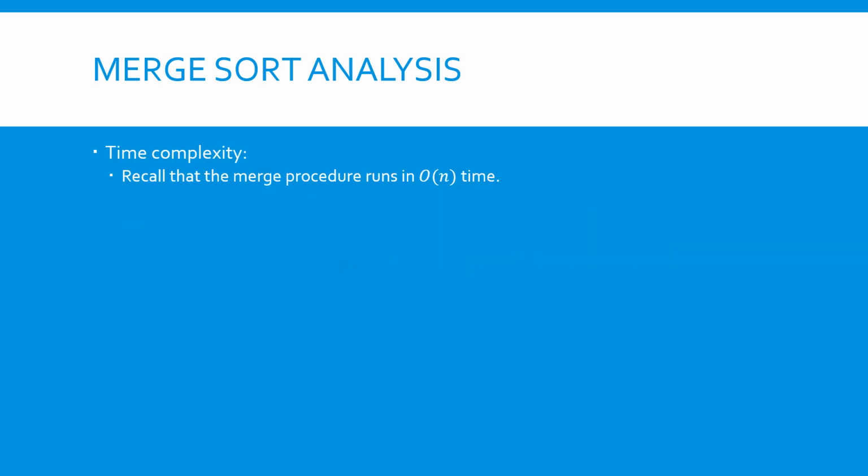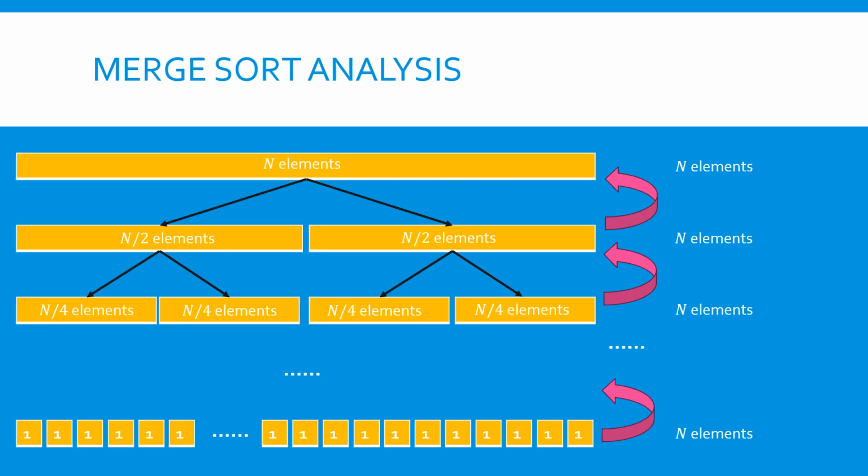For the time complexity, first recall that the merge procedure takes O(n) time, where n is the number of elements in the output list. Recall this diagram. It is easy to see that each layer contains n elements. It means that to generate the sorted list in each layer, the total effort required by the merge procedure is O(n).